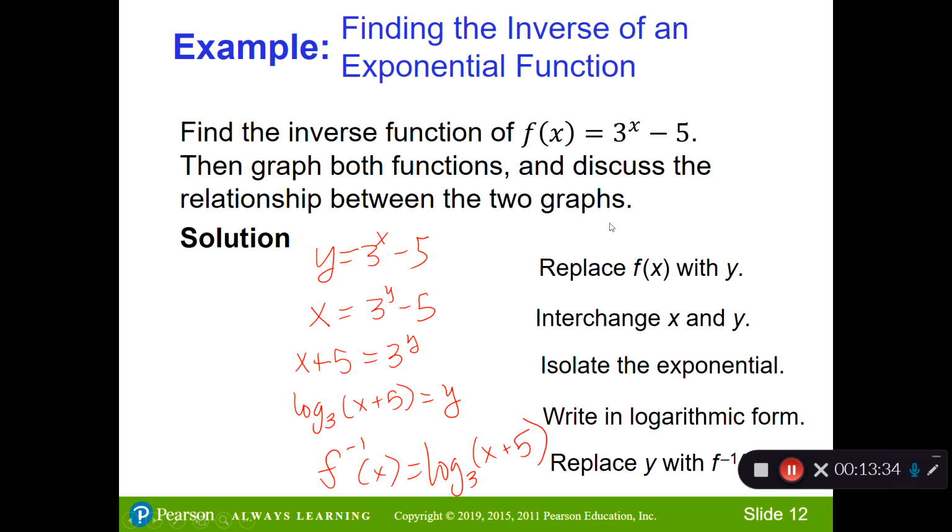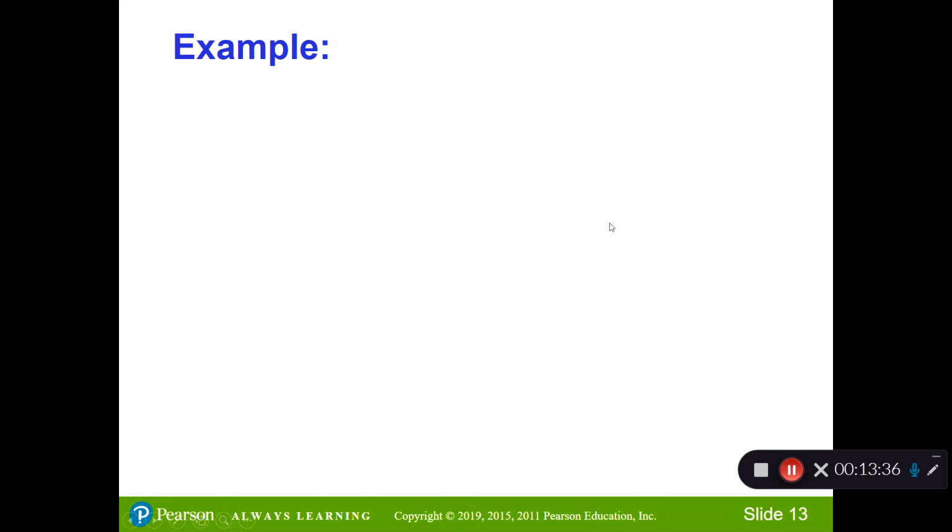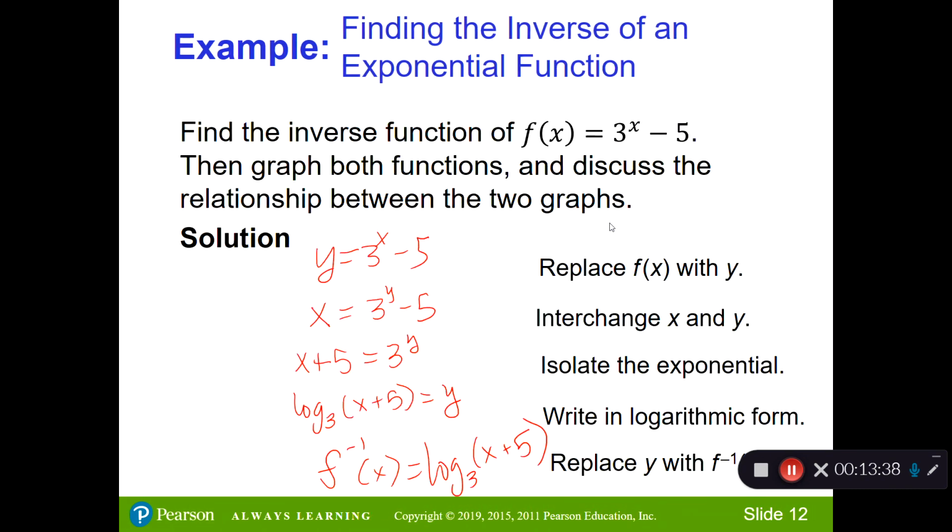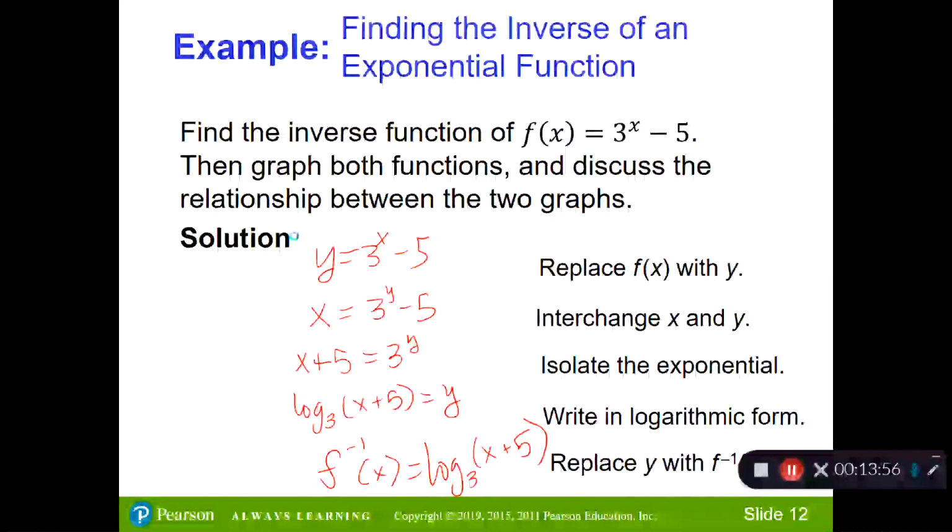Now, let's look at the graph. If we look at the graph of the first function, 3 to the x minus 5, I would graph that. 3 to the x has a y-intercept at 0, 1, but we've moved it down 5.